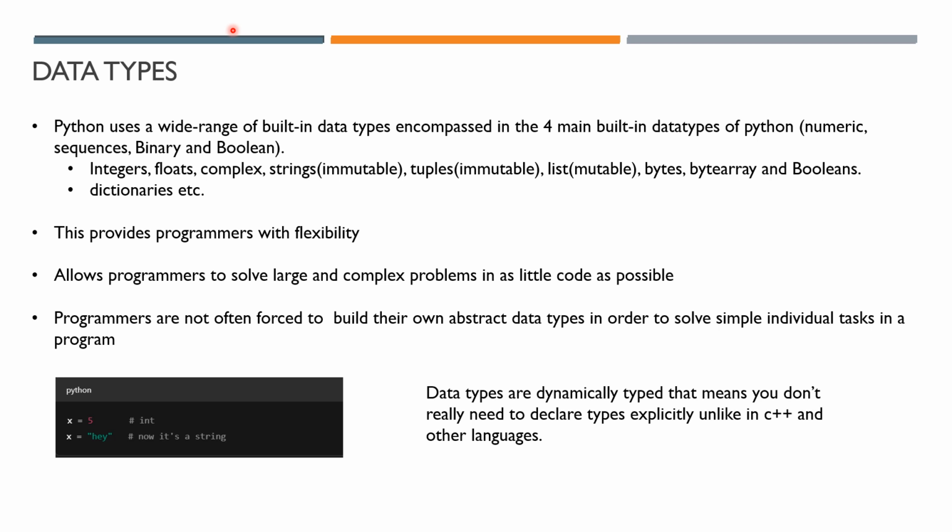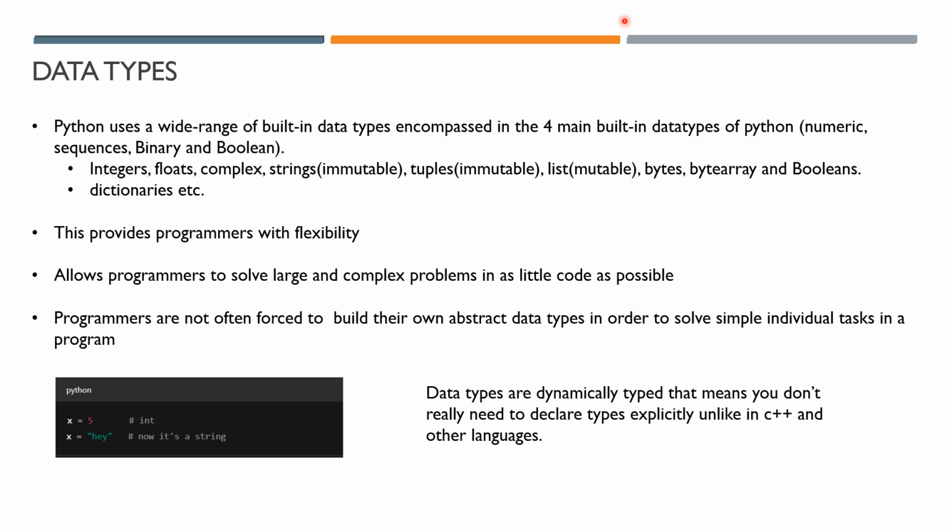So an example of this: the numeric types are integers, floats, and complexes. An example of the integers would be whole numbers like 1, 2, 3, -1, -2, -3. Examples of the floats could be decimals, so 3.142, which is basically pi.